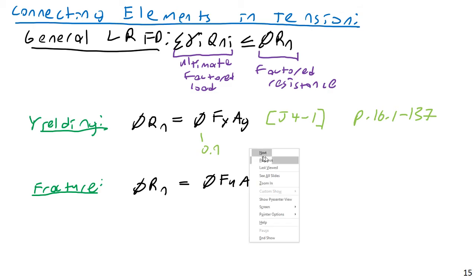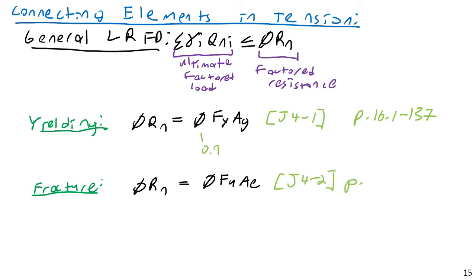I want to provide the equation number and page for y'all. This is equation J4-2, just right after this one, on page 16.1-137 of the 15th edition of the AISC Steel Manual.